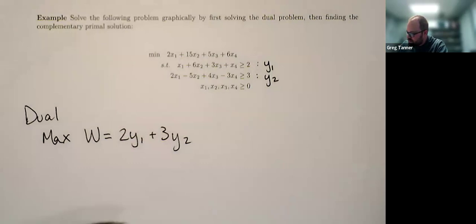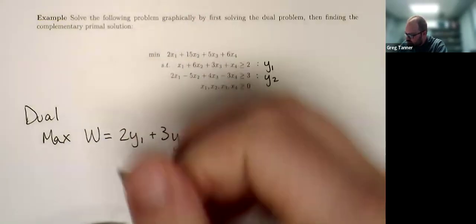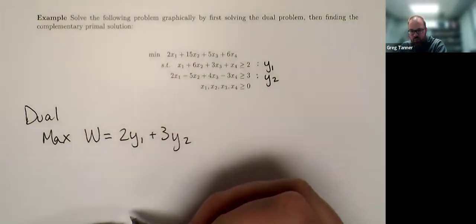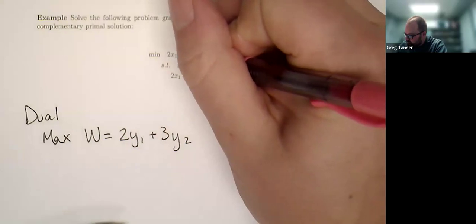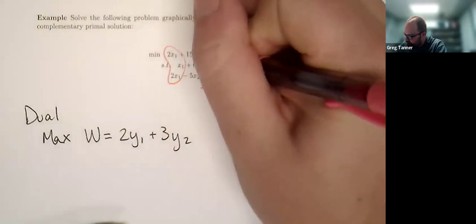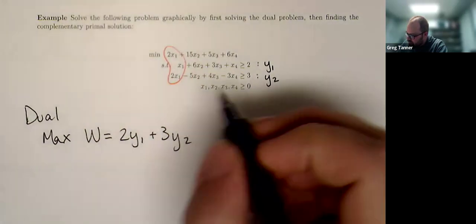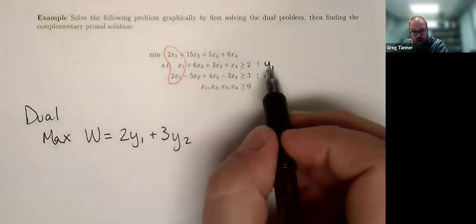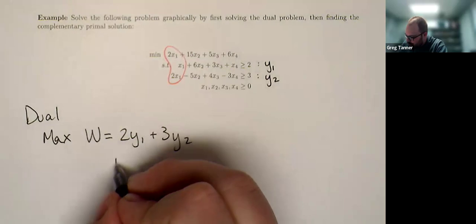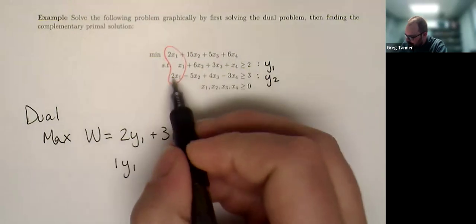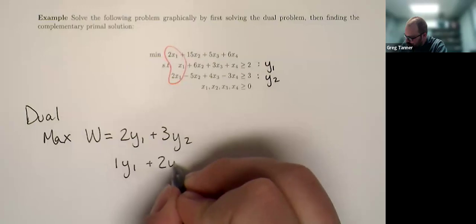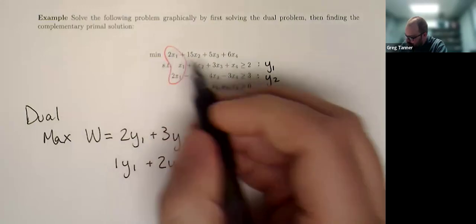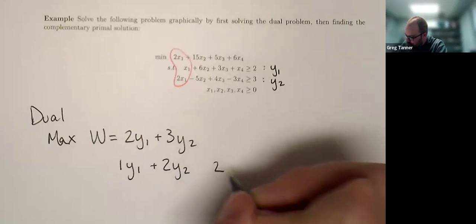Now, each constraint in my dual problem will correspond to a variable in my primal problem. And so let's circle the X1 column through here. That's going to have coefficients of 1 in the Y1, so 1 Y1, and 2 in Y2, and then a right-hand side of 2.